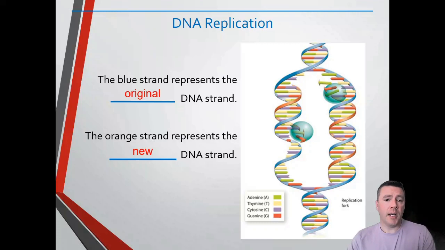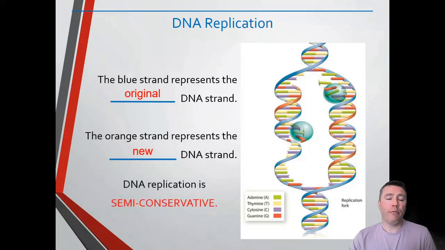So what I'm going to end up with is two molecules of DNA, and each of those molecules is going to be made up of one original DNA that was used as a template to make the one new piece of DNA. Because each DNA molecule is half old DNA and half new DNA, we refer to DNA replication as being semi-conservative, because to conserve something means to save it.